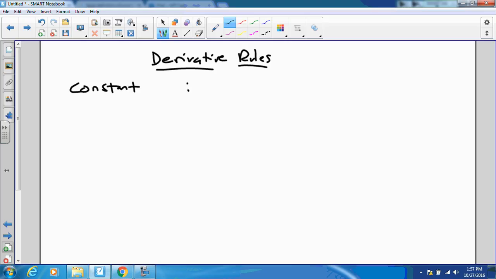Let's see. Constant rule, what is it? Good. And k can be a simple constant like 4, or a fancy constant like pi squared, or sine of square root of 3, or whatever. How about the sum rule?